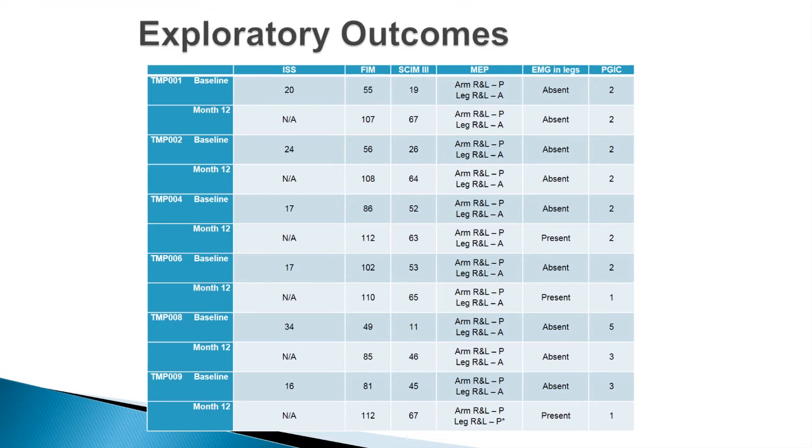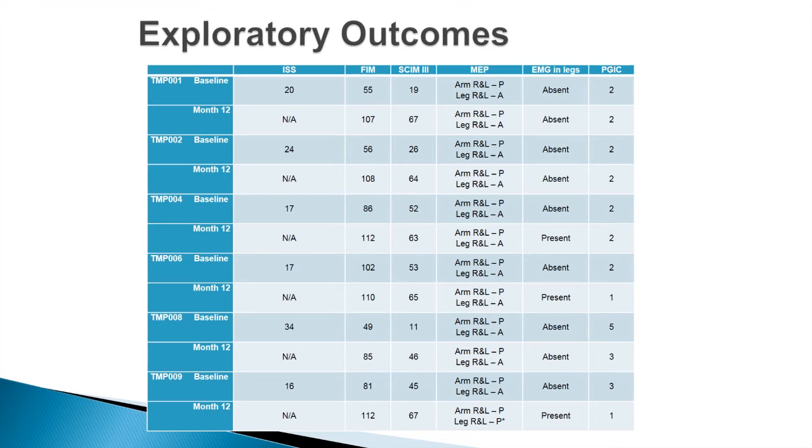These are 2 measures of overall functional ability. MEPs are motor evoked potentials, and EMGs are for electrophysiological assessments that we did on different individuals. And then PGIC is the Patient Global Impression of Change. This is their feeling of how their change was after the trial.